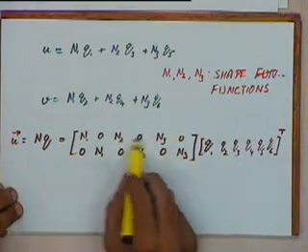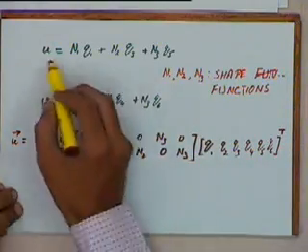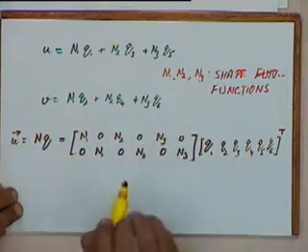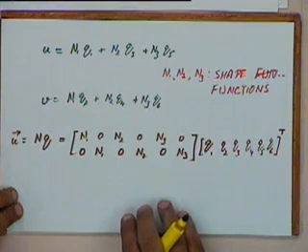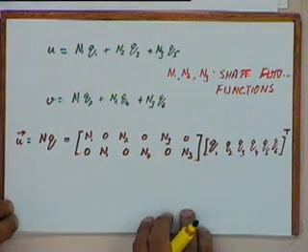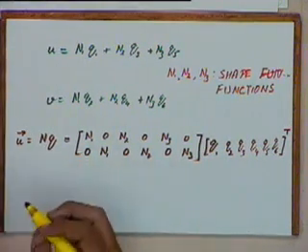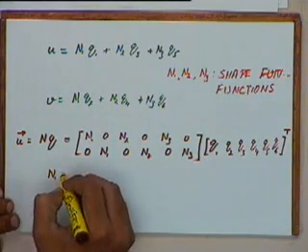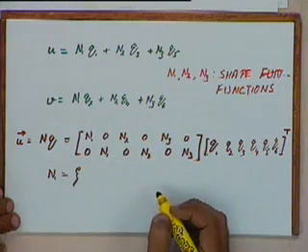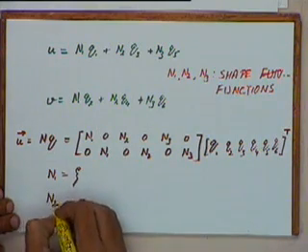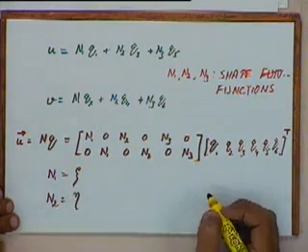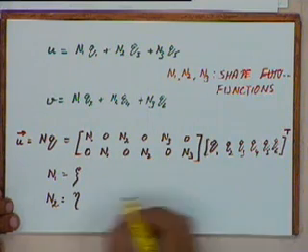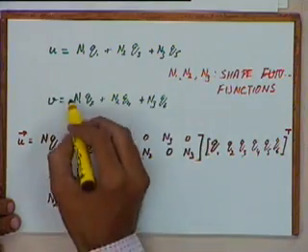So the first row multiplied by this column will give us this equation, and the second row multiplied by this column will give us this equation. And let's say we put n1 equal to zeta and n2 equal to eta. We can put these expressions over here.